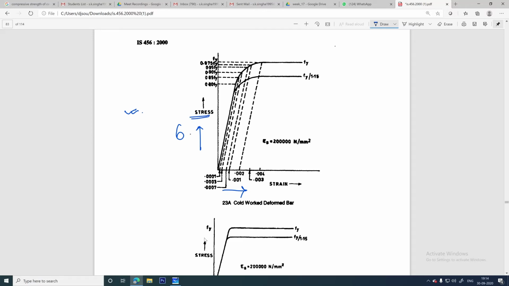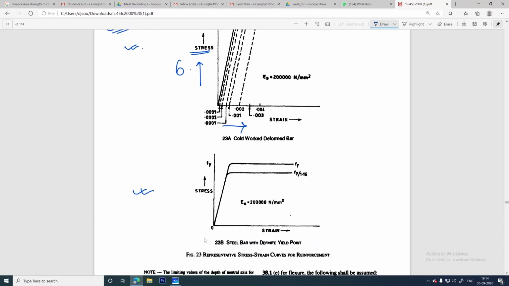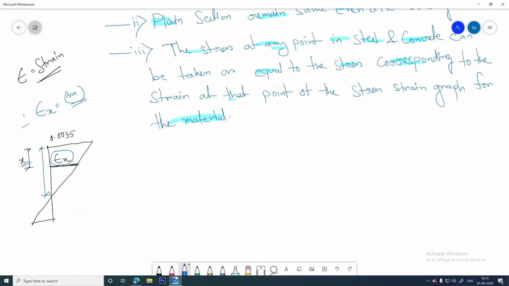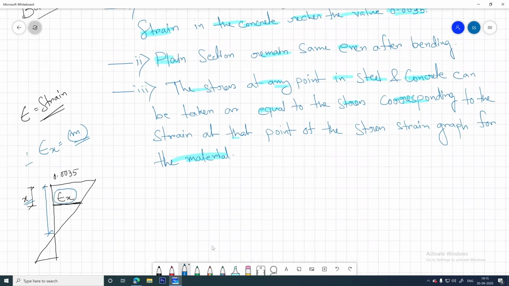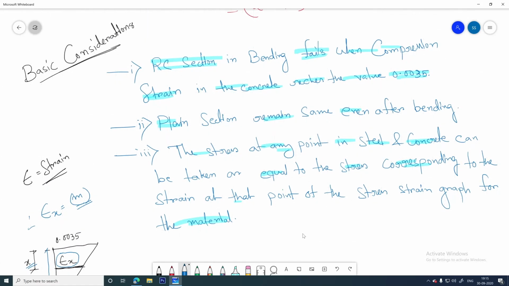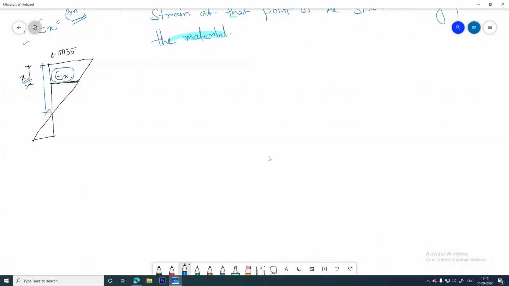This is for the torsteel, and this diagram is for the mild steel. So this is the thing I wanted to discuss. These are the basic considerations for the doubly reinforced beam section design. Now let us continue with the analysis part of the doubly reinforced beam section.